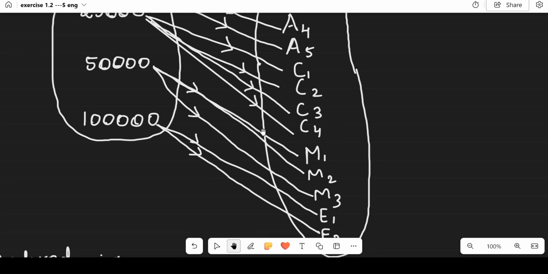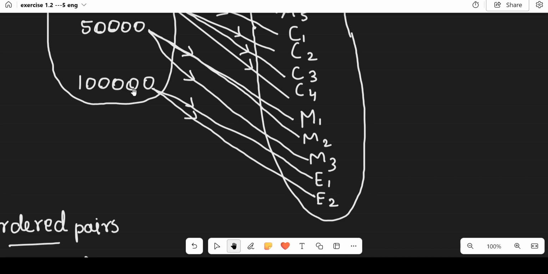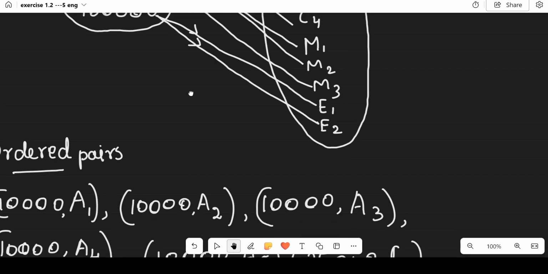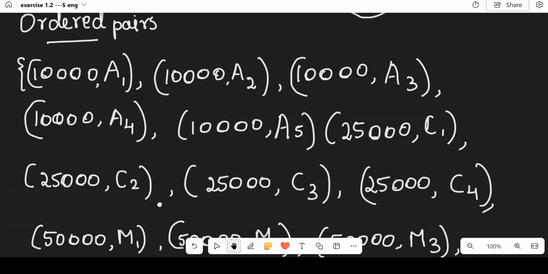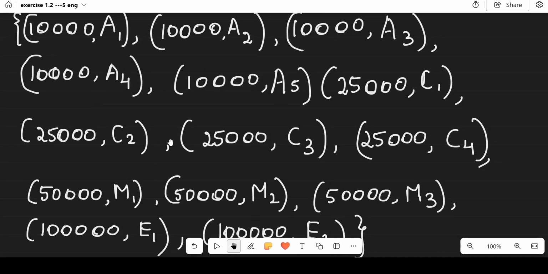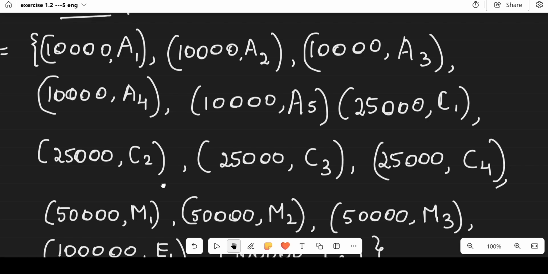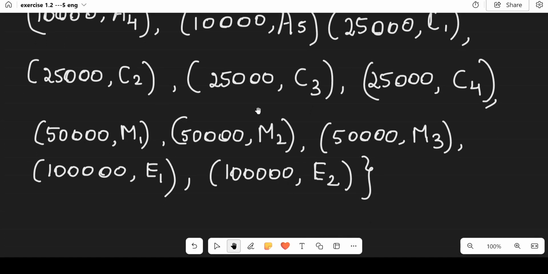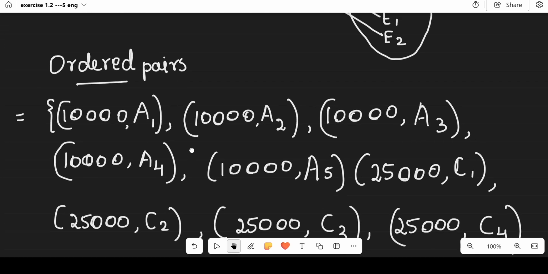And next 50,000 comma M1, 50,000 comma M2, 50,000 comma M3, and 1 lakh comma E1, 1 lakh comma E2. Here we have written all these pairs inside of these set brackets. Okay, this is the answer of ordered pairs.